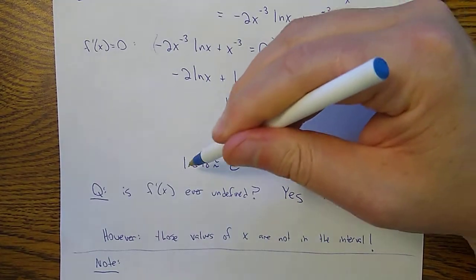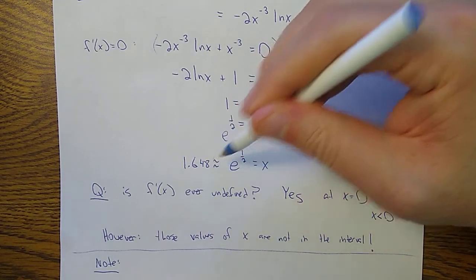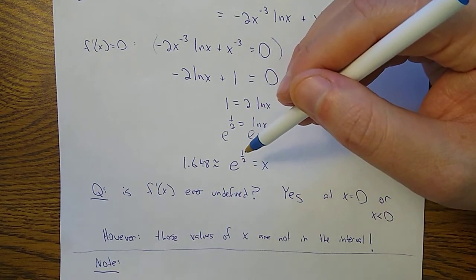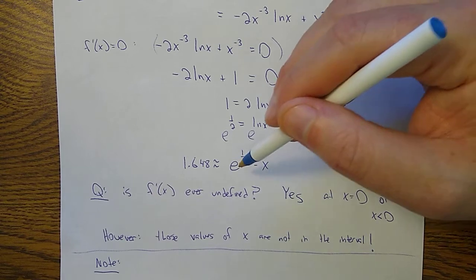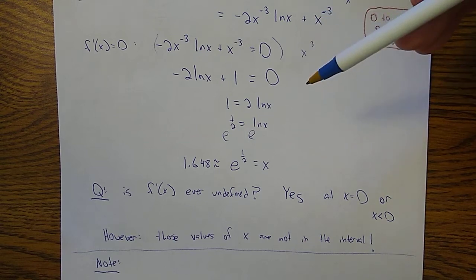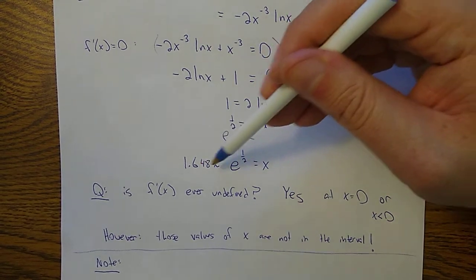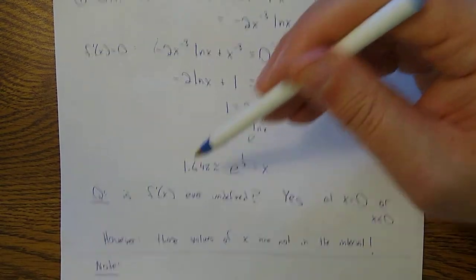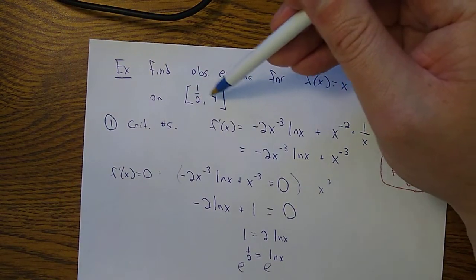E to the 1/2 is not exactly 1.648. E to the 1/2 is some number that goes on forever and it never repeats, like pi. So it's not exactly this, but it helps to use a calculator or a computer to approximate things. All I'm doing right now is making sure that this is in the interval. If this is approximately 1.6 whatever, then yes, it is in the interval.